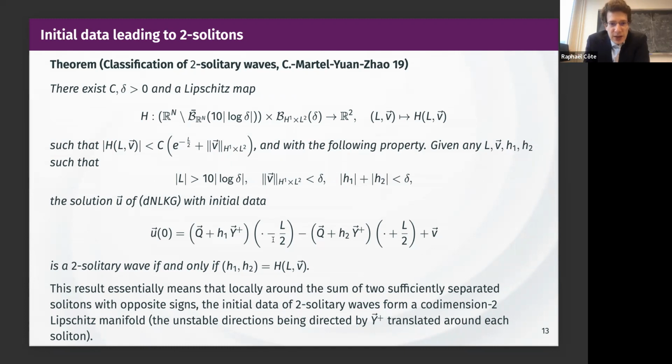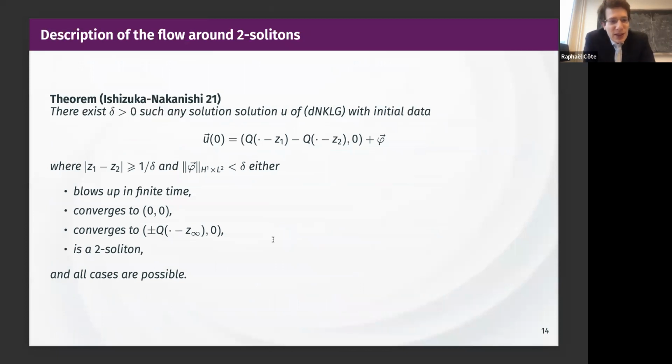So this classified the two solitons, and actually it was inspiring for Ishizuka and Nakanishi, who improved the results and gave a full description of the damped Klein-Gordon flow around a sum of faraway solitons. You know that the sign must be alternating for our previous work to apply; if you have the plus sign, we can describe the behavior from our previous work.